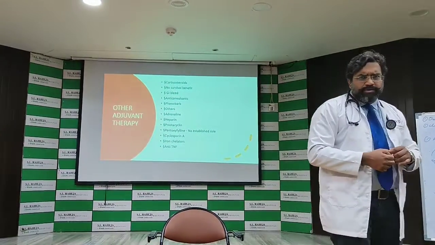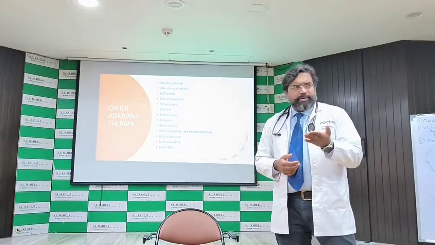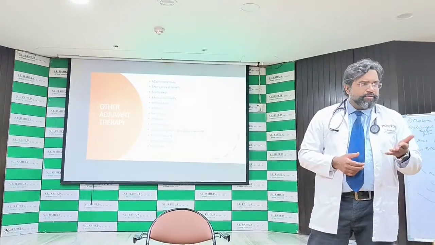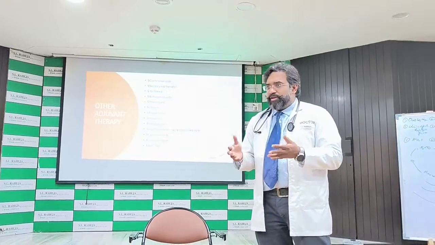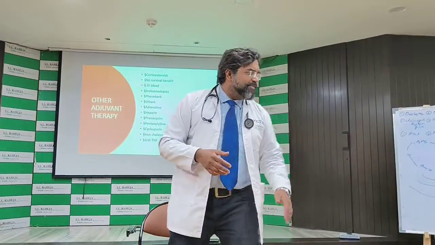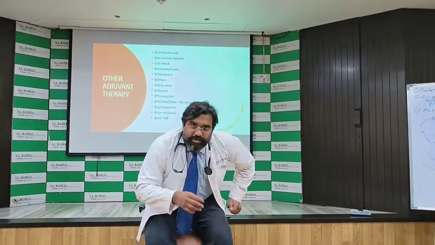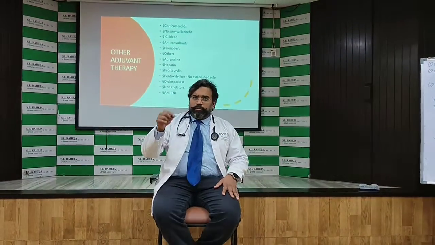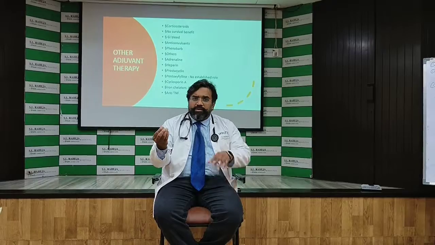So I'll just repeat the whole thing once more. It's very similar to your COVID test or pregnancy test. So what happens in COVID? You put in a drop. Similarly, in this also you have a well. You have a strip. You have a control and a test. You put a drop.